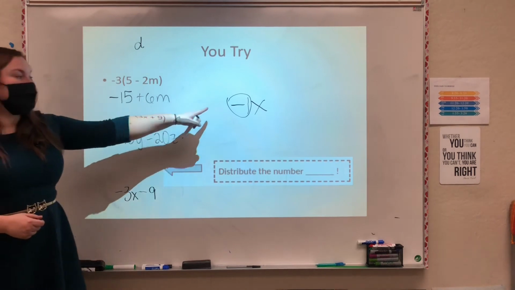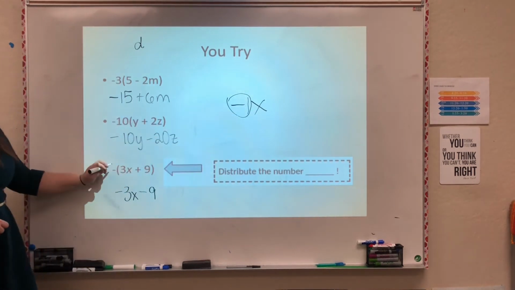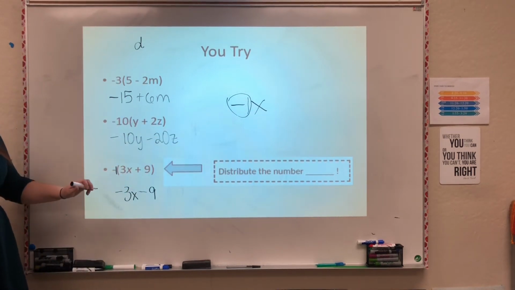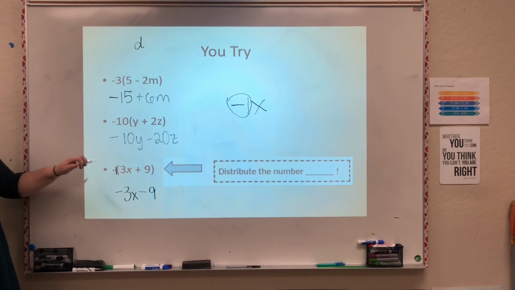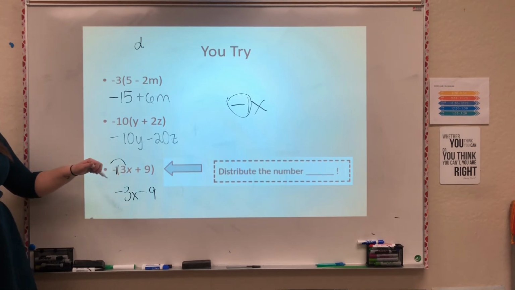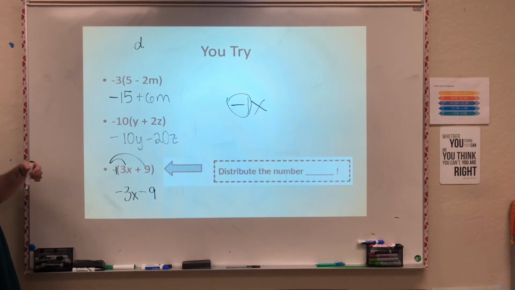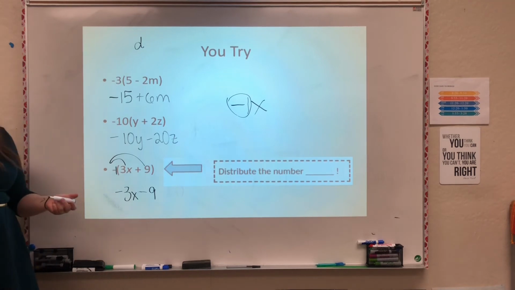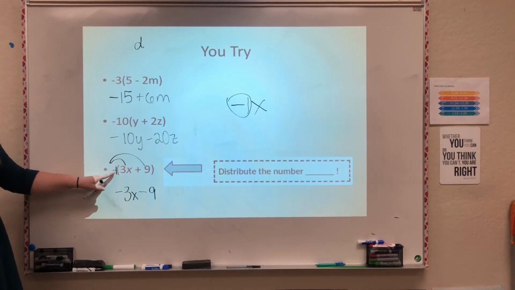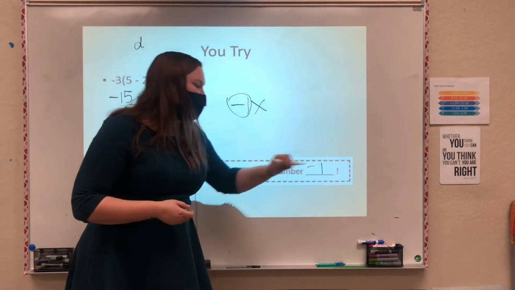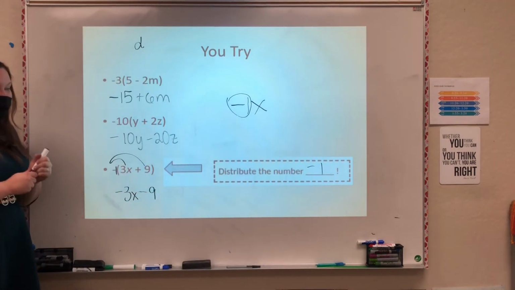So just like this, how you knew there was a 1 there, you can fill in that 1 if you want, and then multiply by negative 1. So negative 1 times 3, negative 3. Negative 1 times 9, negative 9. So it's a preference. If you want to think of it just as multiplying a negative sign, you can do that. Or you can think of it as distributing the number negative 1. It's up to you.